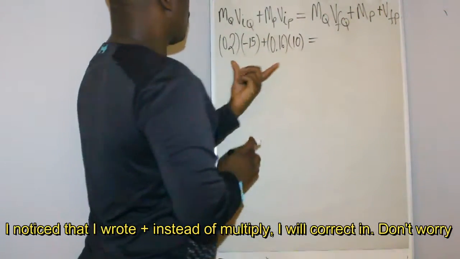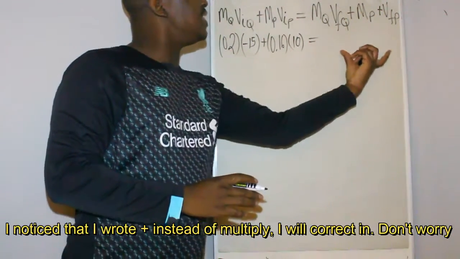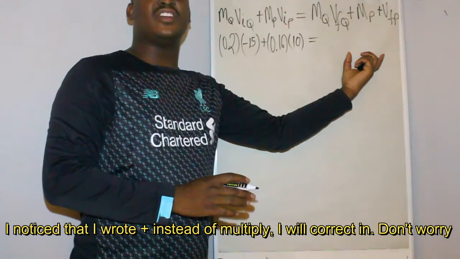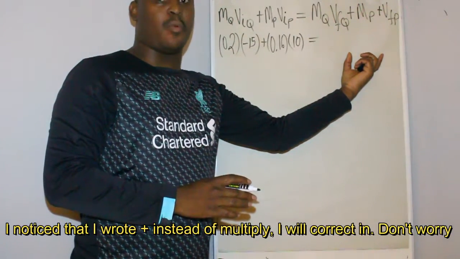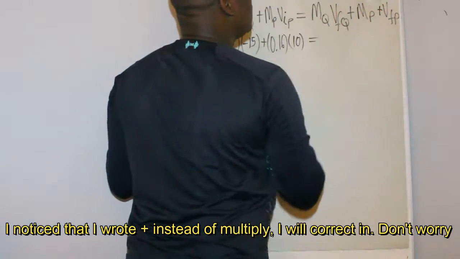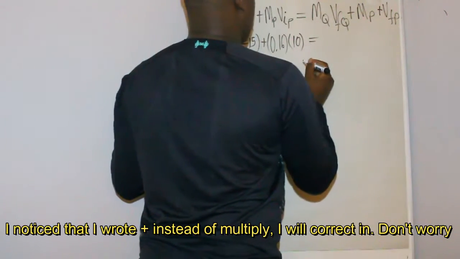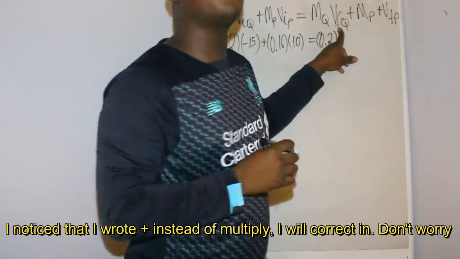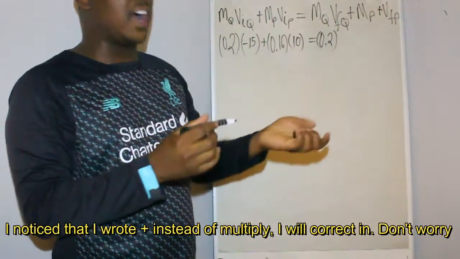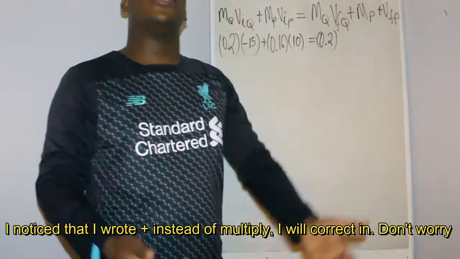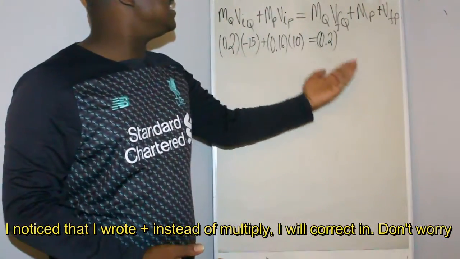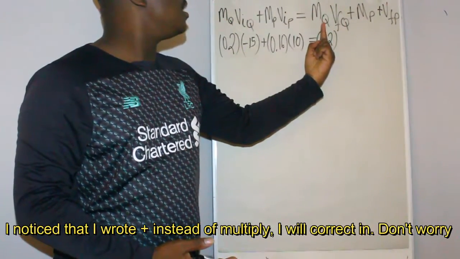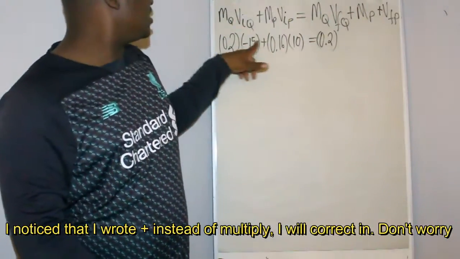So what I'm saying is, when I add the momentum before, it should equal the momentum after. This is what the law of conservation of momentum says. So the mass of ball Q, it was 0,2, times the final velocity of Q. The final velocity of Q is what we want after the collision, because you were given the initial velocity of Q before collision, and they did tell you that the initial velocity of ball Q before collision was 15 meters per second west, which is this one.